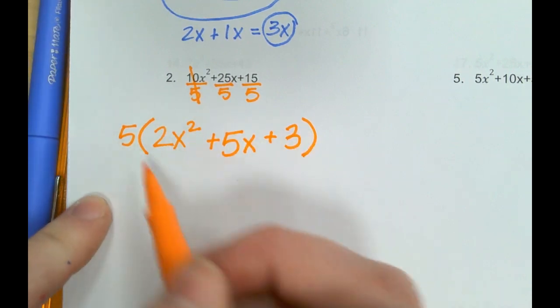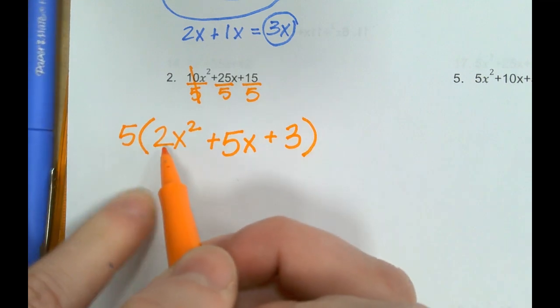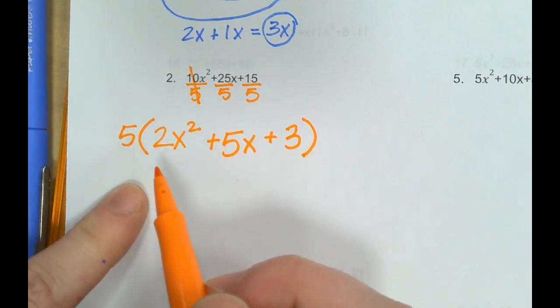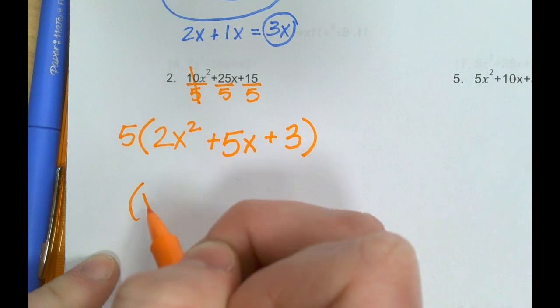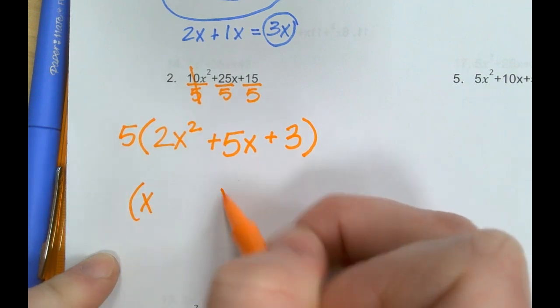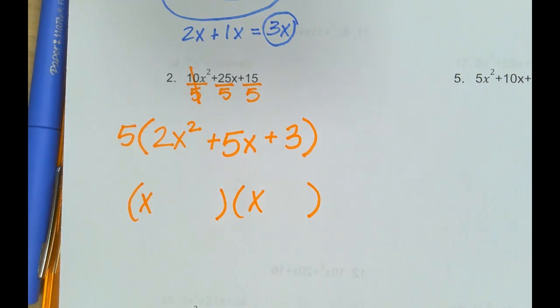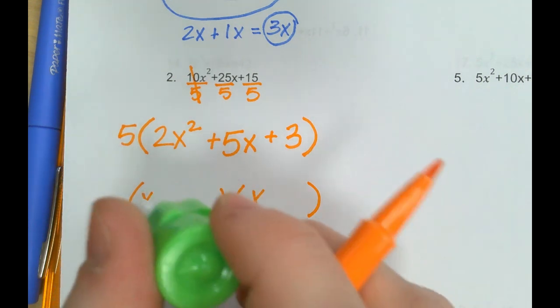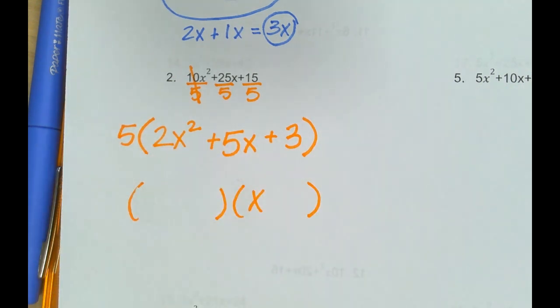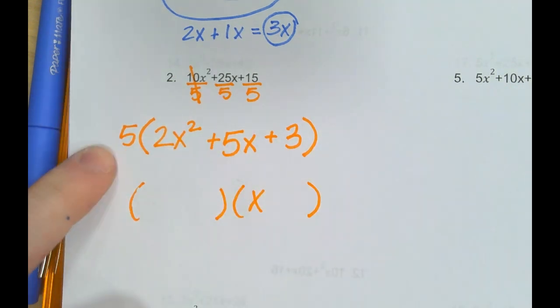There's no more greatest common factor. But our A is not 1. So our answer can't be x and x. I don't know why I wrote that, though, because I'm just going to have to white it out. We're going to have to put A in our answer. 2x and x and 5.